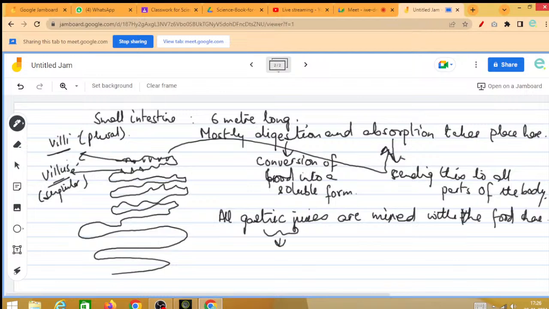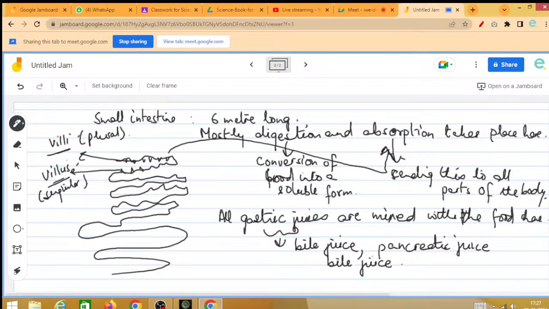We are talking about bile juice, gastric juice and pancreatic juice. We haven't done the pancreas yet. And bile juice. I can explain it. It is very short. Of course you have to explain that also. So all that is mixed and then the food is absorbed.